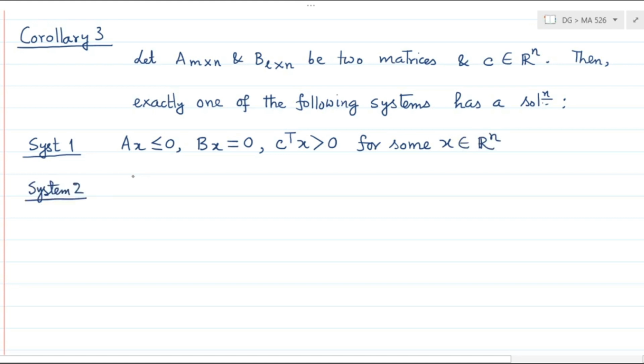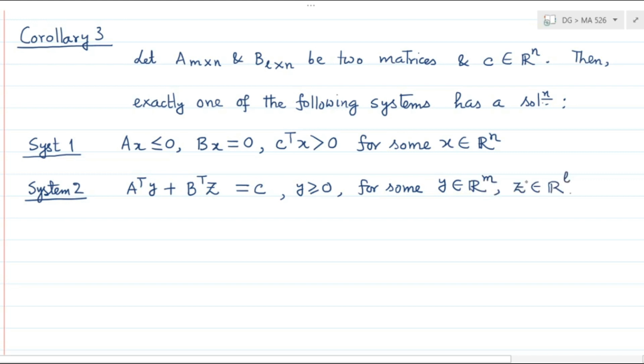is A transpose y plus B transpose z is equal to C, y greater than or equal to 0, for some y belonging to Rm and z belonging to RL.